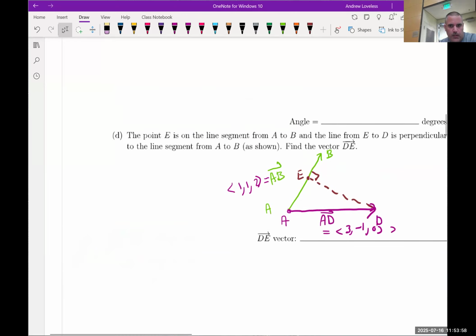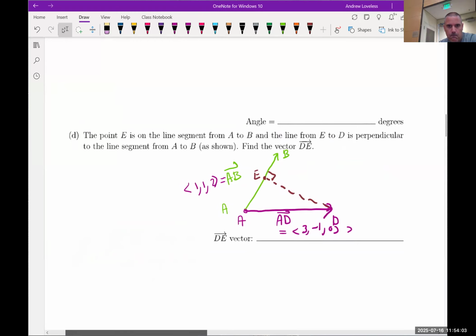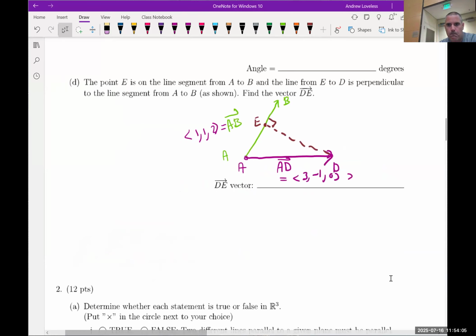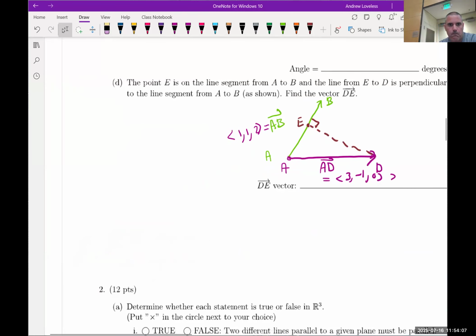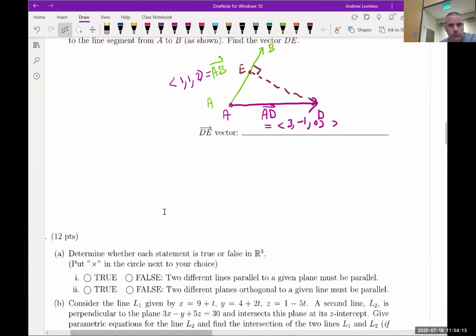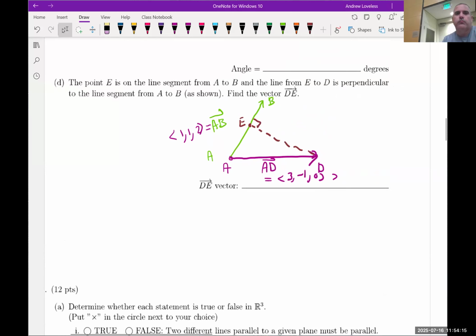So let's go through a couple things here. My first thought is, I have a fast way to get that length.